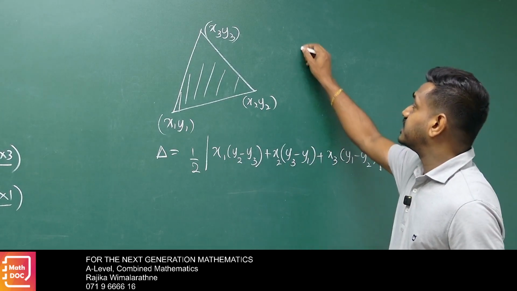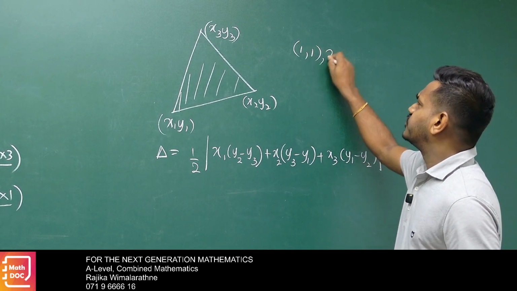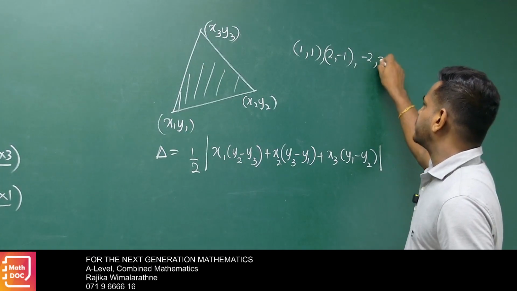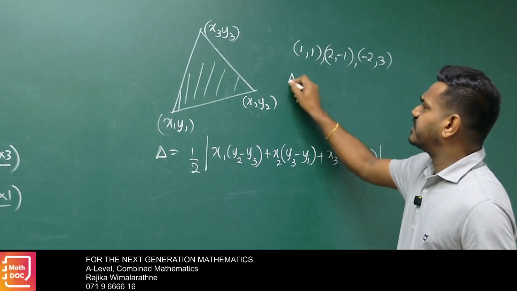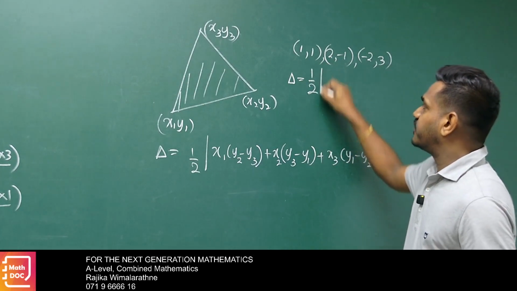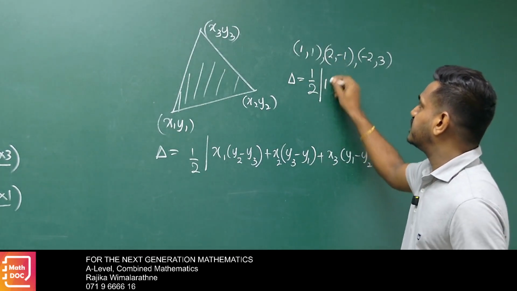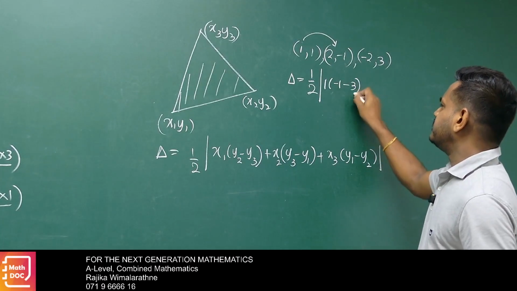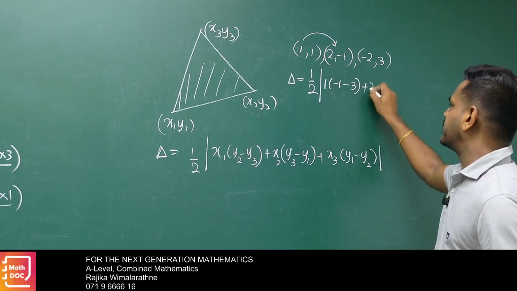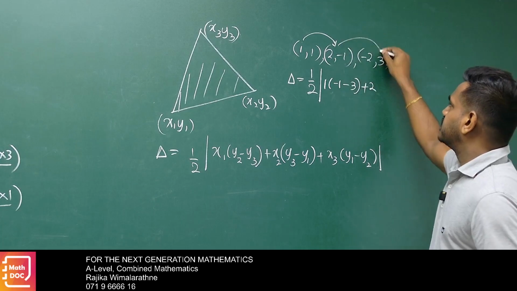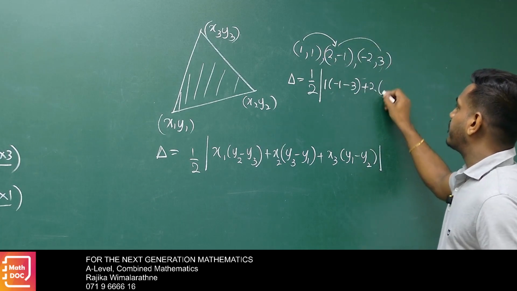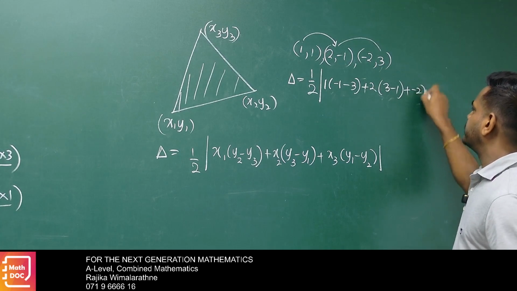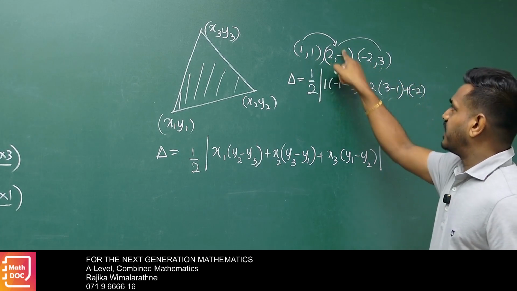Now consider here (1, 1), (2, minus 1), (minus 2, 3). Let's see how to find the area. Put half into modulus: x1, that is 1, times (minus 1 minus 3), plus x2, here 2, times (3 minus 1), plus minus 2 times (1 minus minus 1).